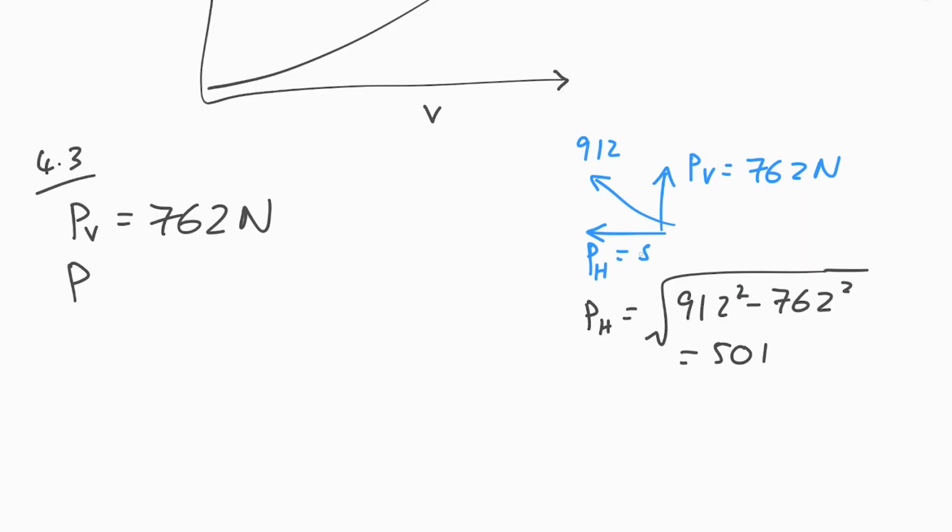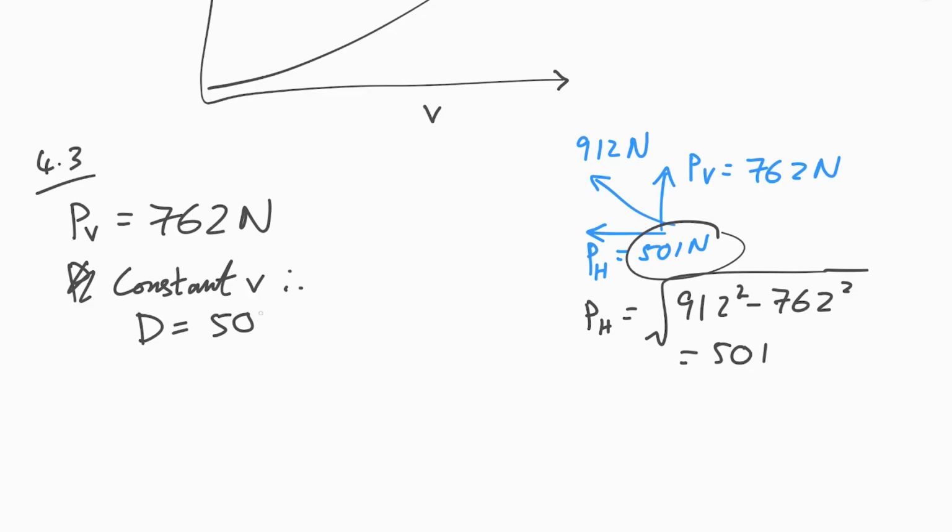So I've got PH as 501 newtons. All right, determine v1. And what is v1? The horizontal velocity. Right. Oh, okay, so we do actually need that. So if it's traveling at a constant velocity, that means that the drag force is also equal to this 501 newtons. There we go.